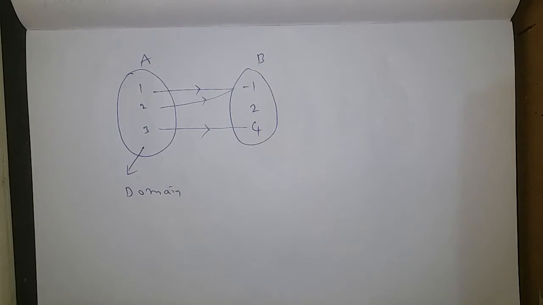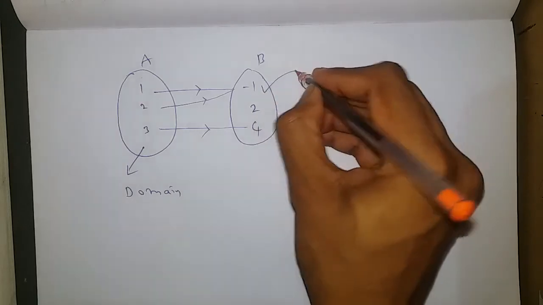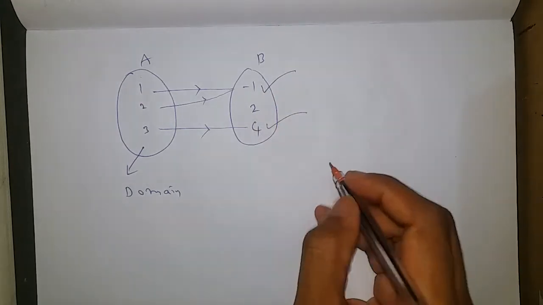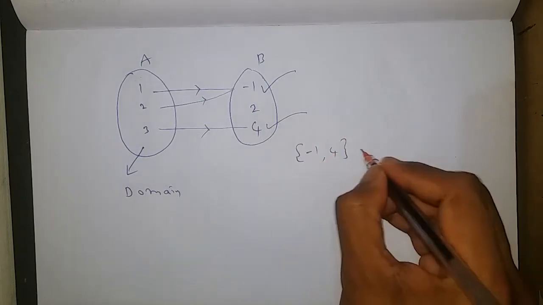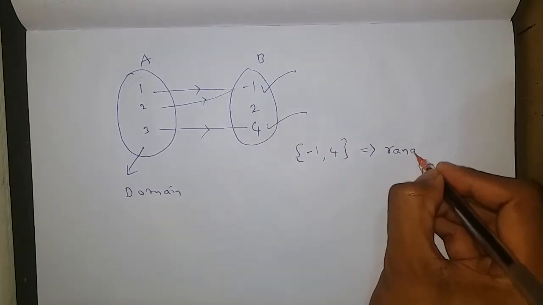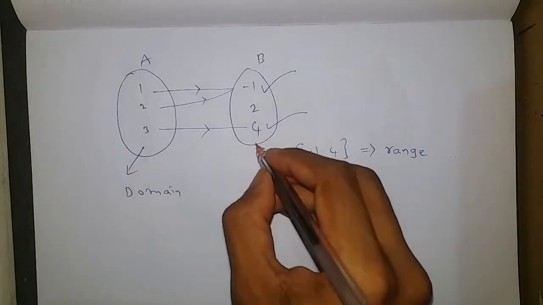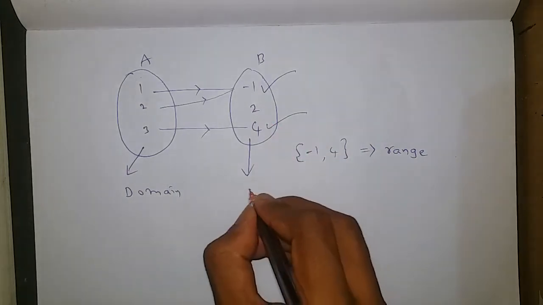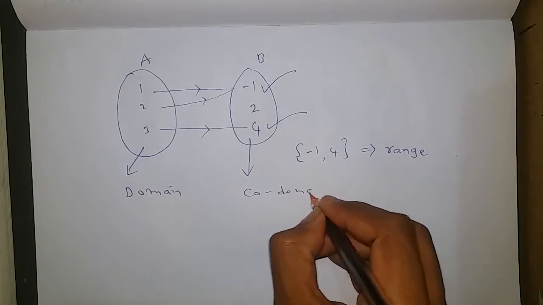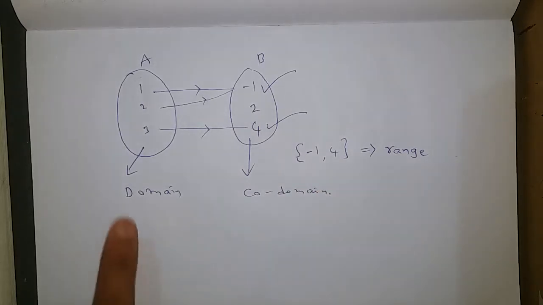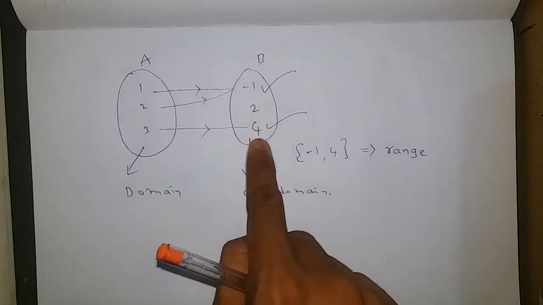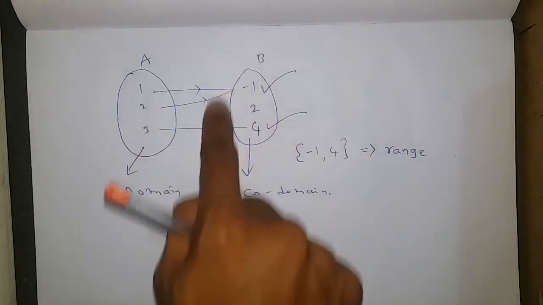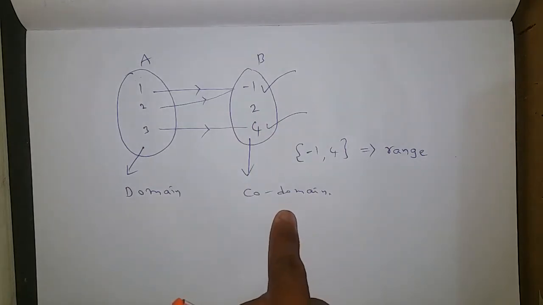Next, whatever the output we are getting, here -1 we got as well as 4 we got. So that -1, 4 is called range. Next, total set B is called codomain. Whatever the input, it is called domain, whatever the output, that is called range, and total set B is called codomain.